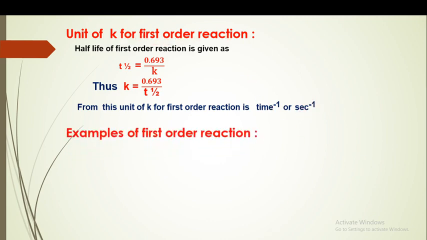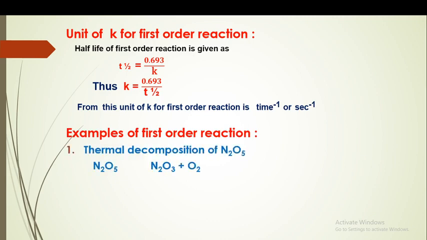So what are the different examples of a first order reaction? The first example is the thermal decomposition of N2O5. Thermal decomposition of N2O5 gives N2O3 plus O2. The rate of this reaction depends on the concentration of N2O5 only, so it is called a first order reaction.